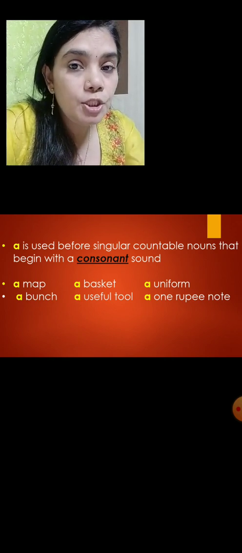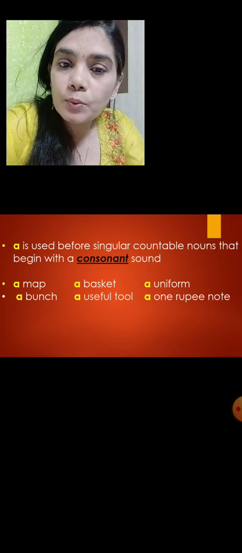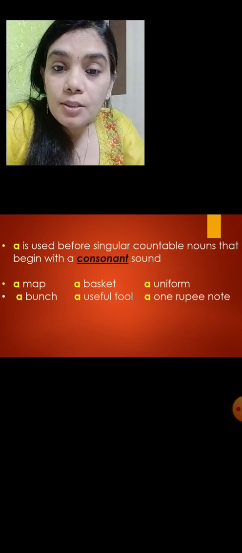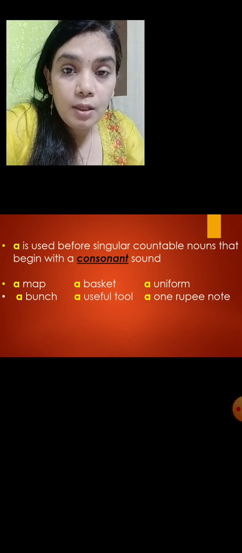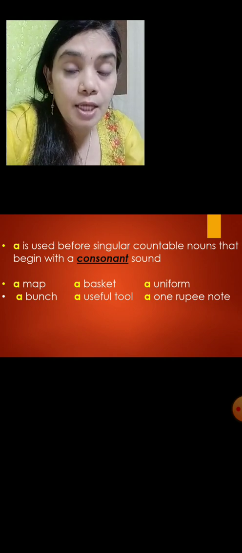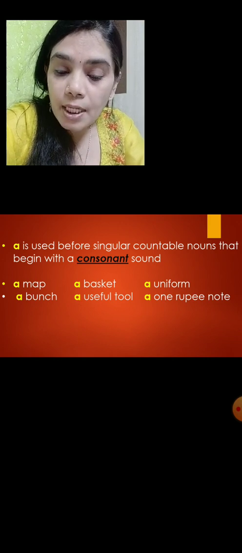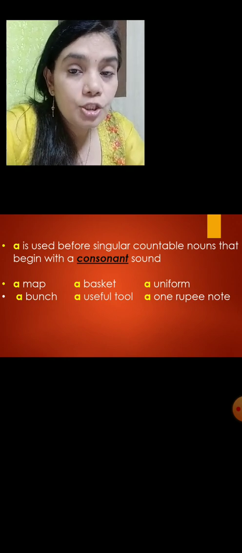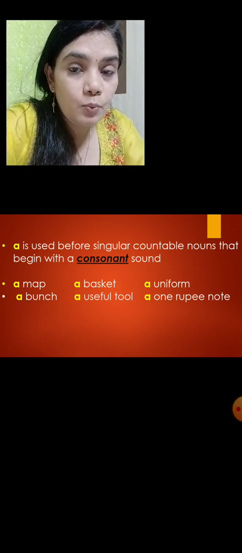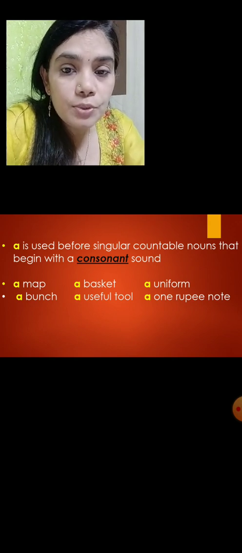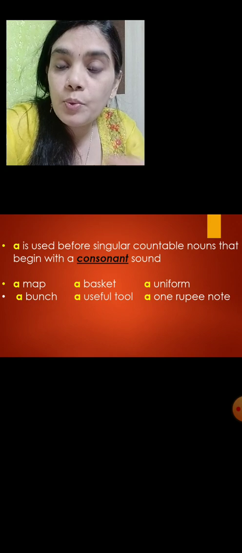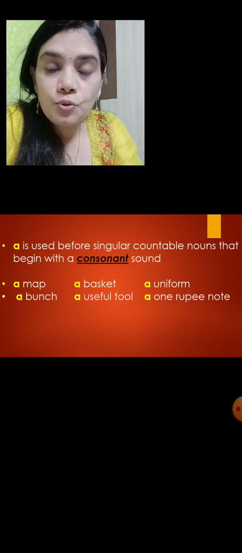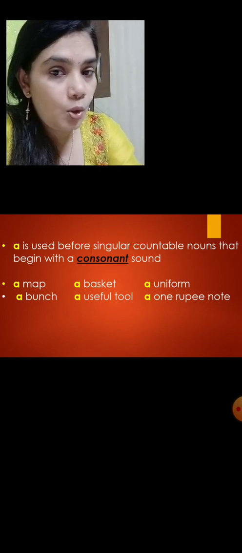So the word uniform starts with the Y sound, so we have to use "a". In the same way, a useful tool. Again the spelling is U, a vowel, but when we pronounce it we say "useful", starting with the Y sound. So we use a useful tool. Do not get confused between the vowel and the consonant sound.